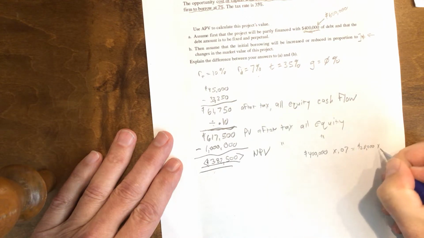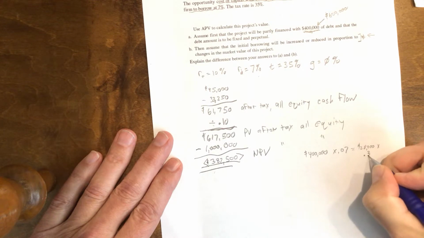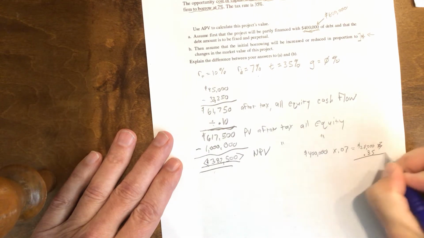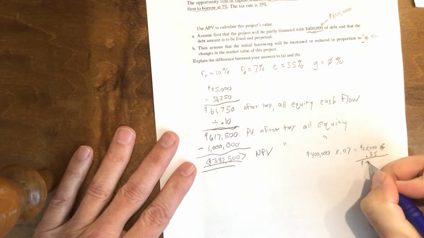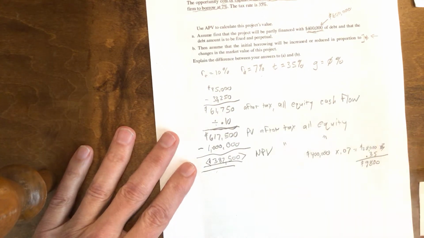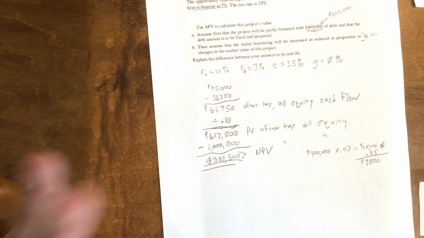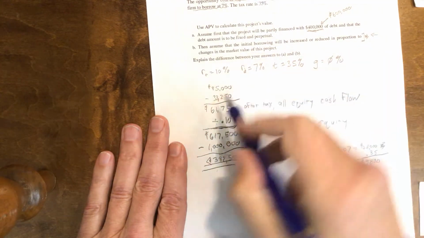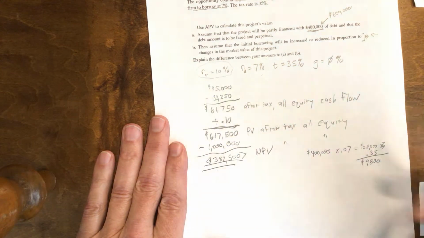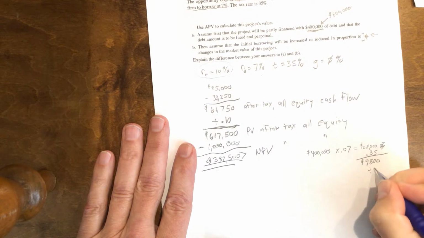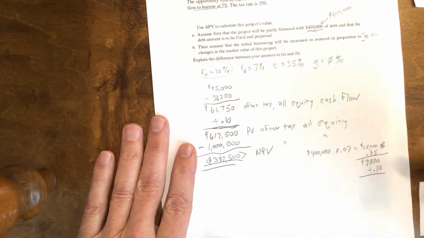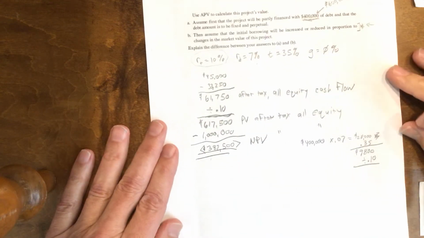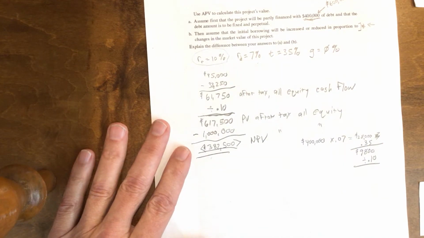And that saves us 35% in taxes. So that gives us a tax shield of $9,800 forever. And so we can apply this same perpetuity formula with our discount rate, and since everything's static, the growth rate's also 0.